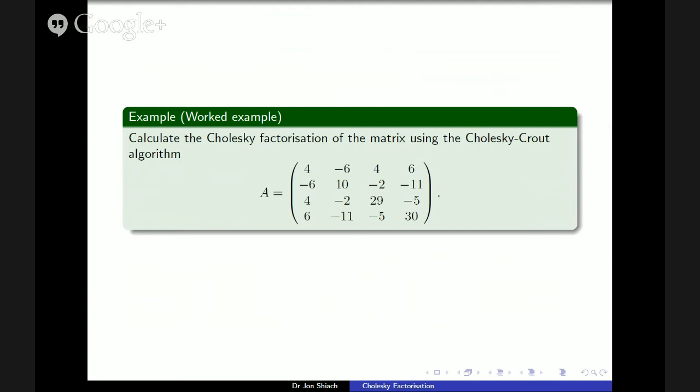This one is for the main diagonal, and this one is off the main diagonal. So we have 1 over L11 times A21. So we've got 1/2 times minus 6, so that's minus 3. And L31 is the same thing, except we've got A31. And L41 is very similar.